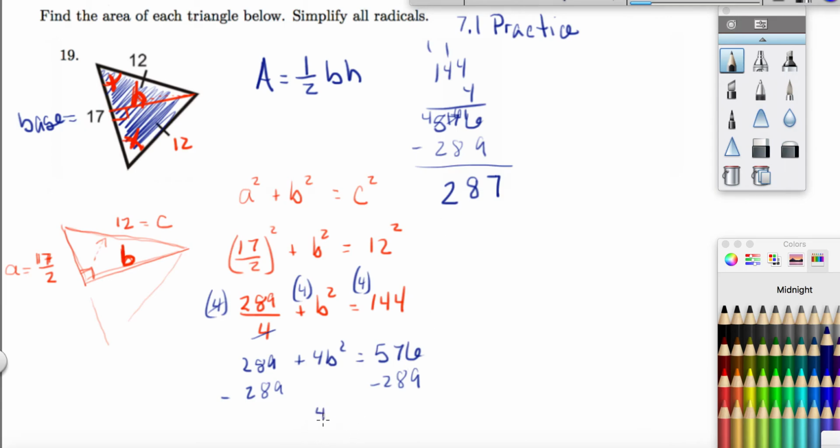So we get 4b squared equals 287. Now we're going to divide that by 4.